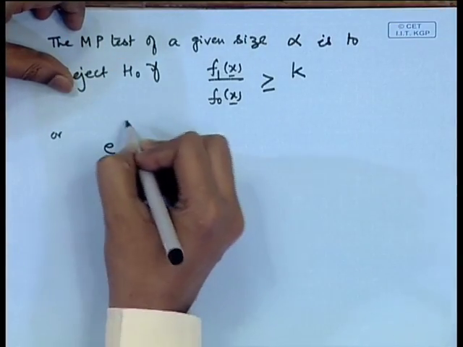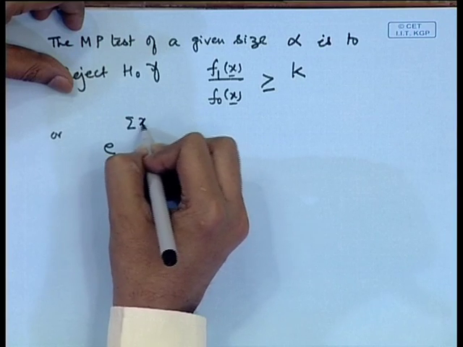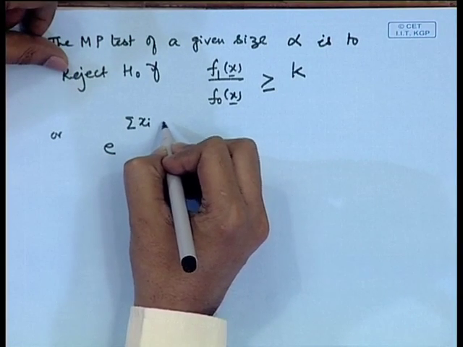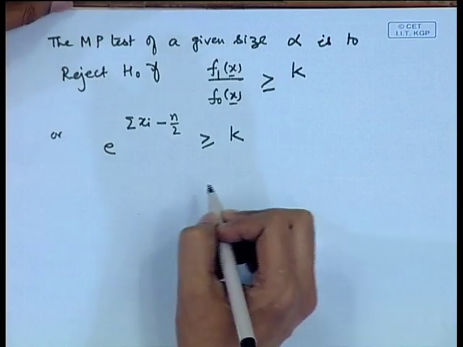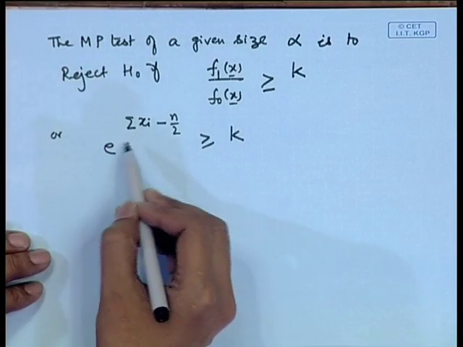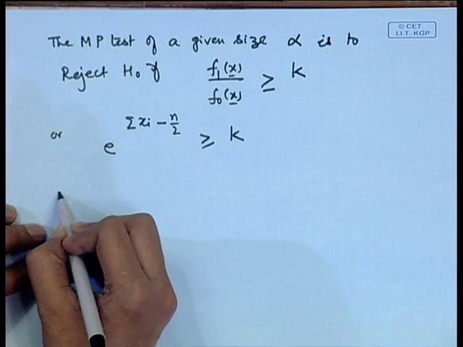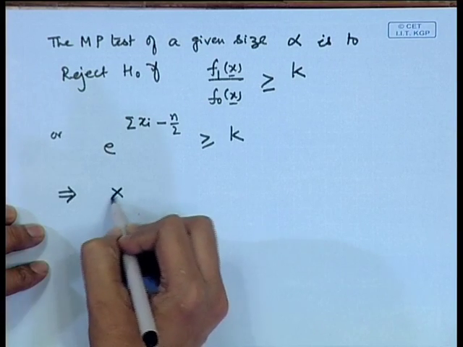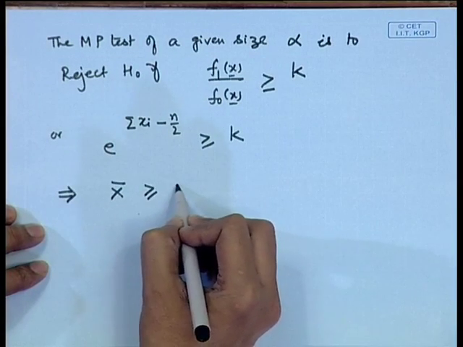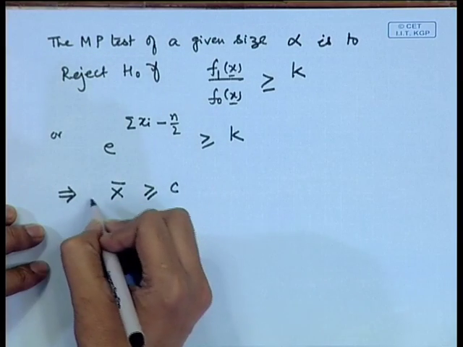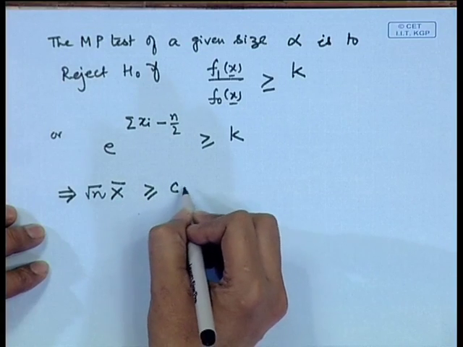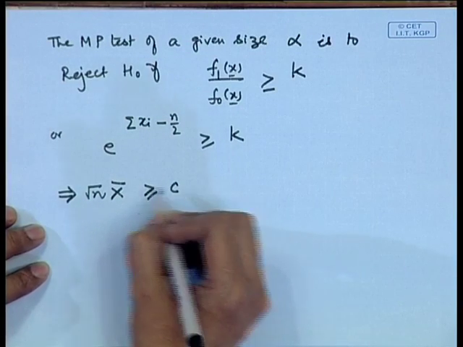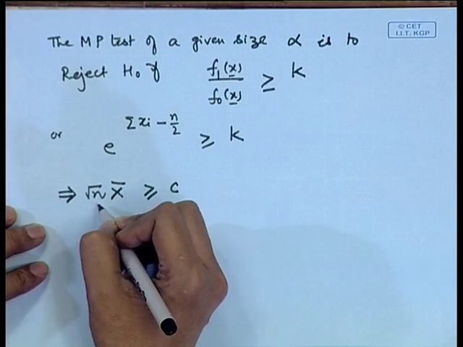So, we will be left with e to the power sigma x i, and then there will be a constant term minus n by 2, greater than or equal to k. If we take the logarithm, then this reduces to x bar greater than or equal to say c, and we may multiply by root n here to get a proper form of the distribution.